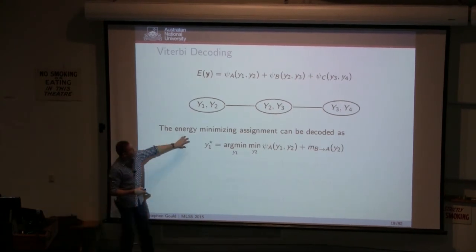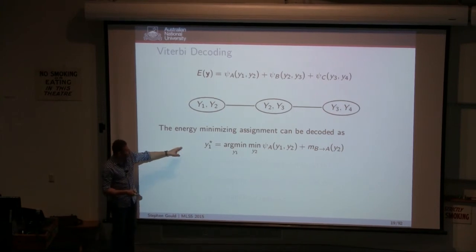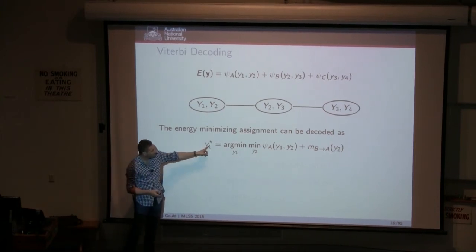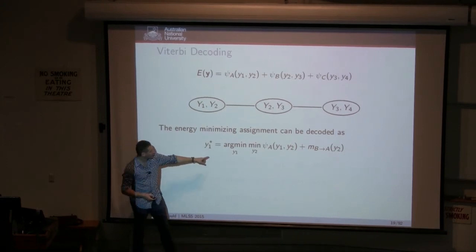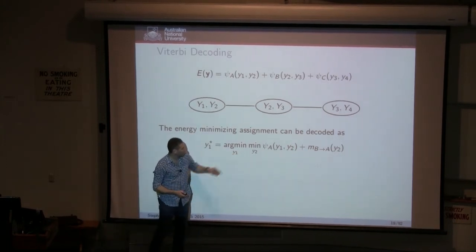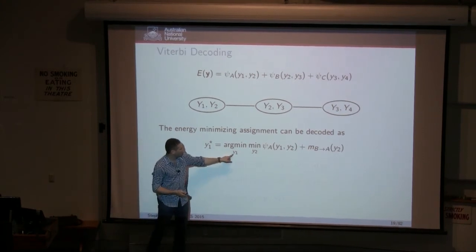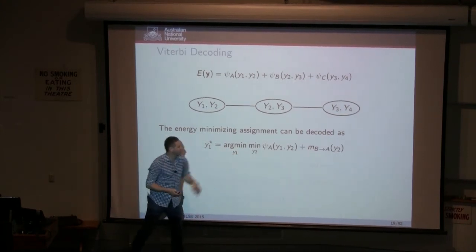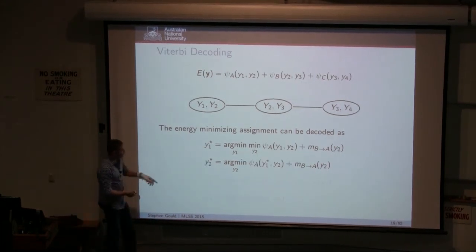So now, in order to get the actual assignment to the variables, I have to move backwards. This is a dynamic program where I've reduced the problem, on the last line of the previous slide, to just minimizing over Y1 and Y2. So I can find the argmin over Y1 of this expression minimized over Y2.